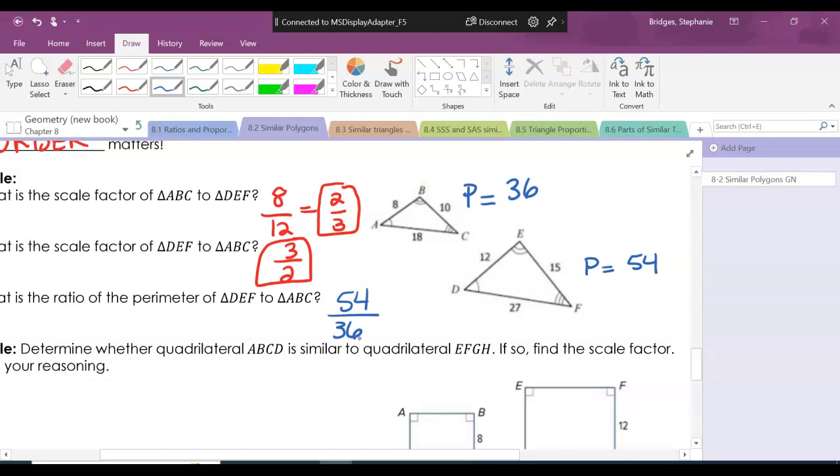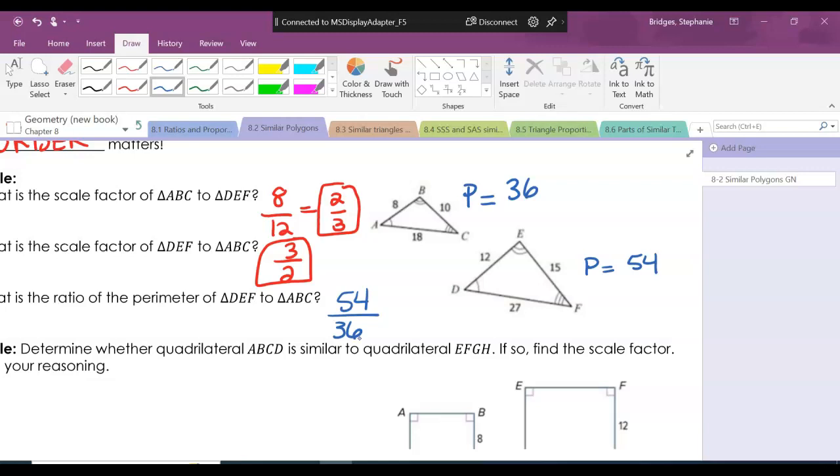Do you guys remember how we talked about simplifying ratios or fractions in our calculator? If you don't, open up the calculator. Type in the number 54. Then you hit your fraction key. Then you type in 36 and hit equals. And it's going to give you something that looks like this. Is that what you get? Okay. But remember we talked about how to change this. This is a mixed number. We want to change it to improper.